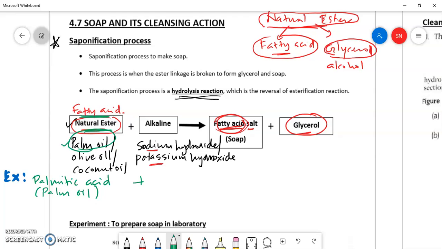Added with, let's say I choose sodium hydroxide this time. Sodium hydroxide. I would get sodium from the alkaline, and because it's palmitic, I will get palmitate.